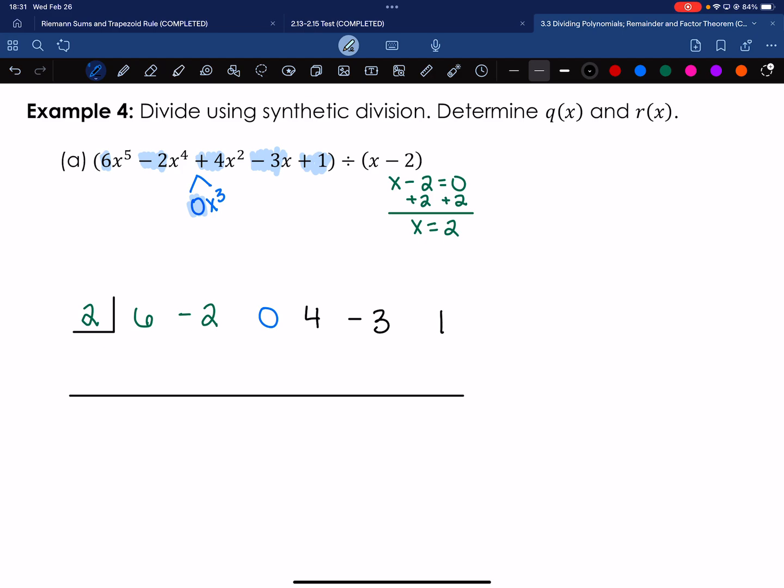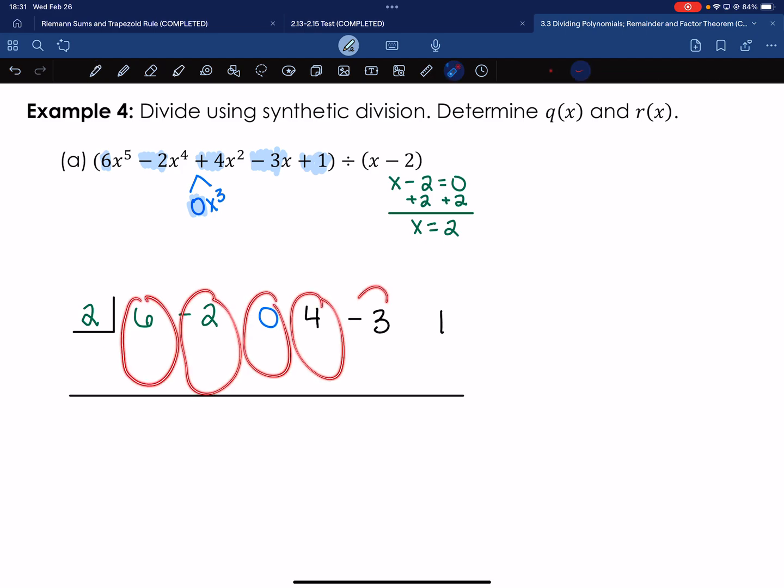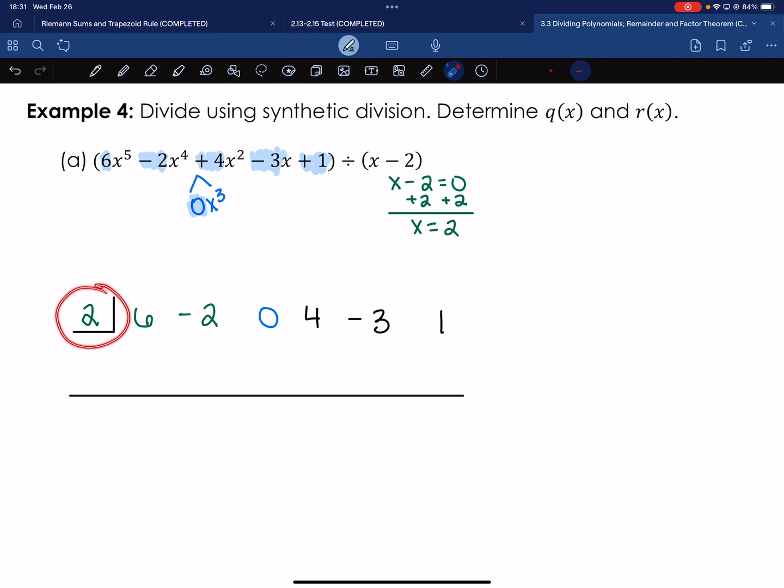Okay, so anything that is above the line is going to be added together. So you're going to have stuff here that's going to be added. Those all right in here are going to be added together. Anything that's below the line gets multiplied by the 2 in the half box.